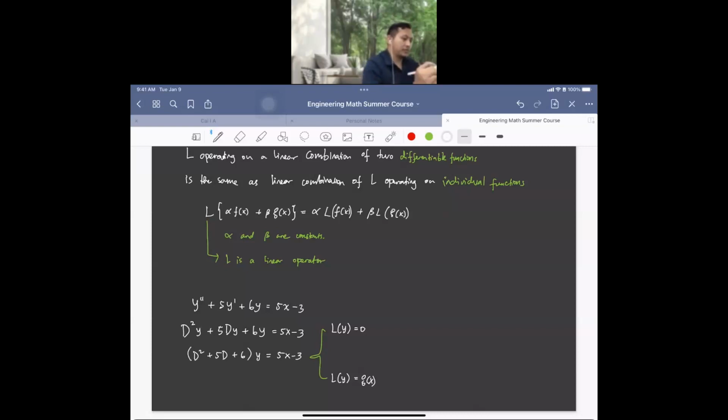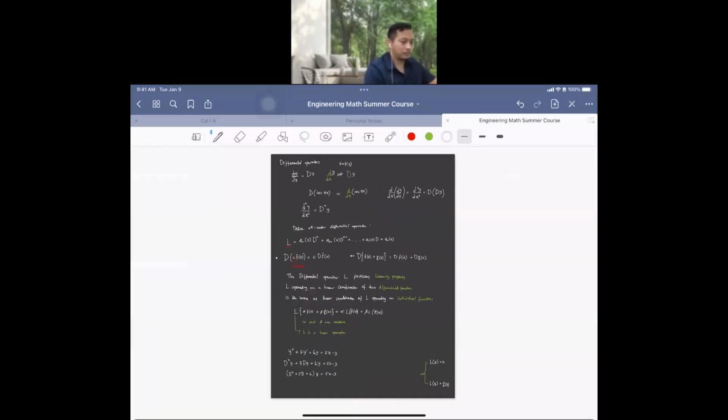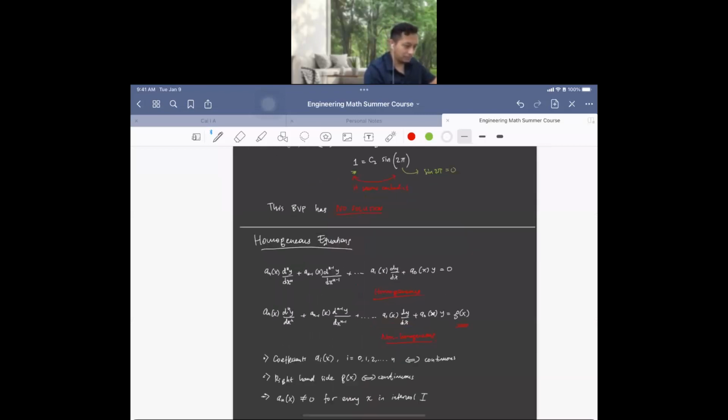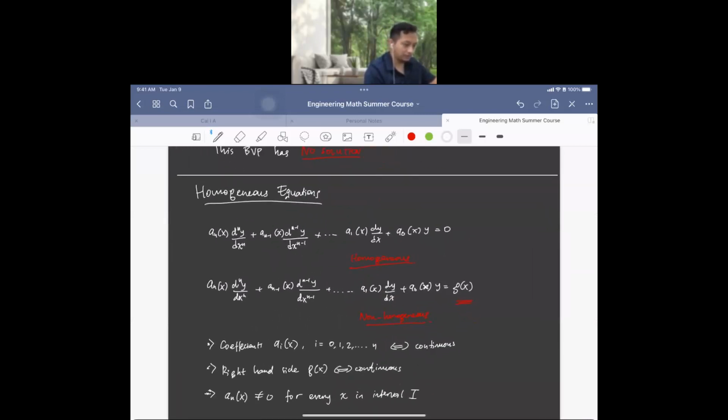Or maybe to make it understandable what this L means, let me just copy from here.